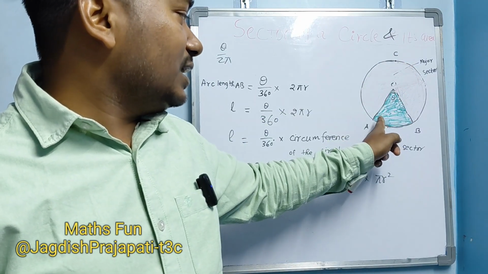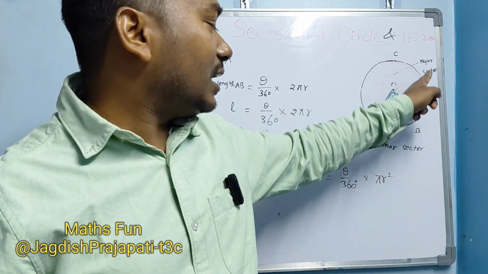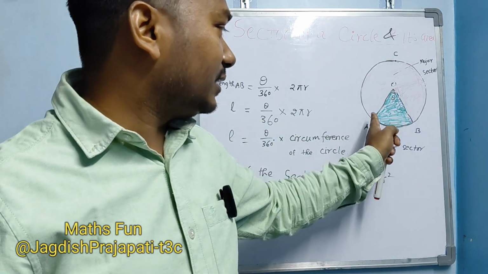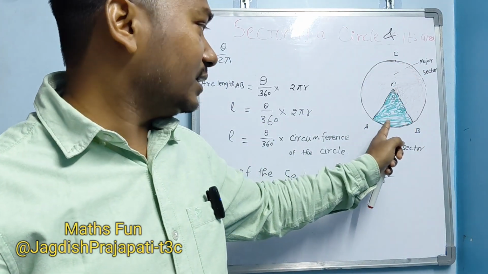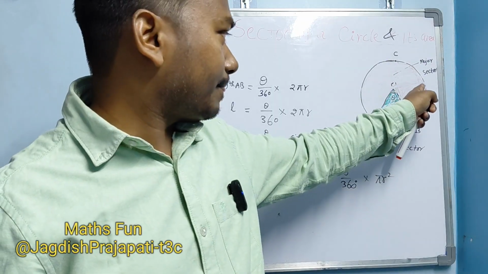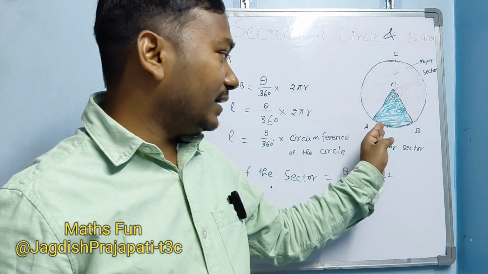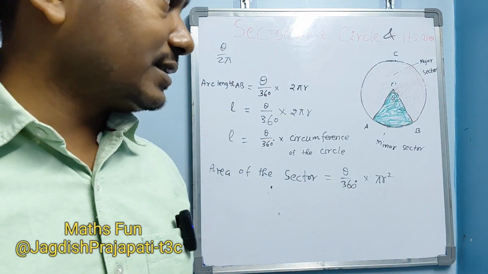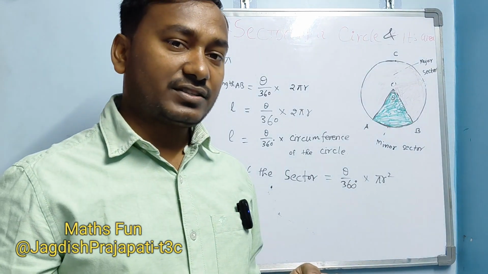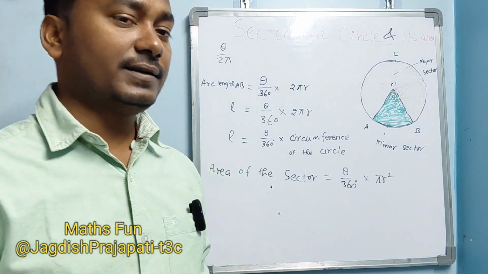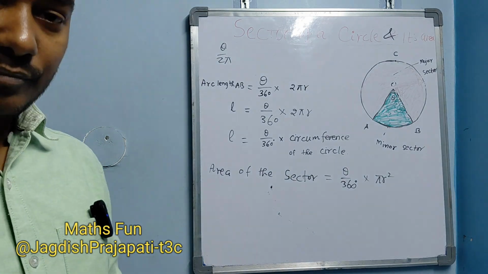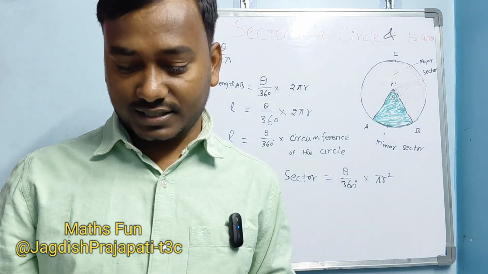So the sum of the arc lengths means only this length, not this. Okay, arc length means this only. So the sum of the arc length of the minor sector plus the major sector will be the circumference of the circle. Okay, so now let us do some problems for more clarification.